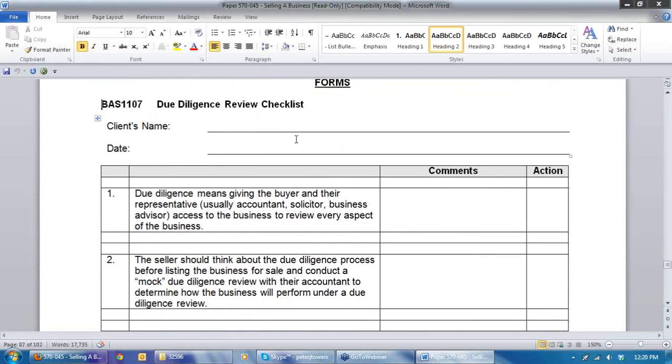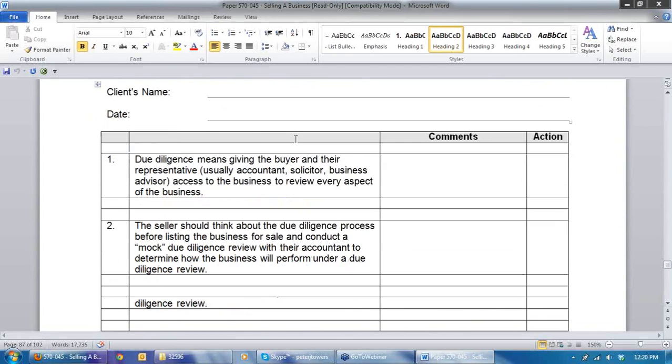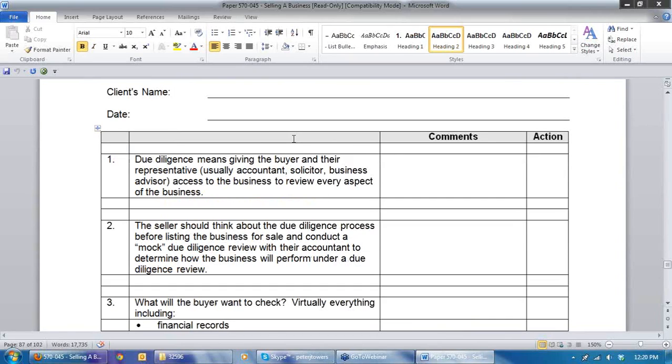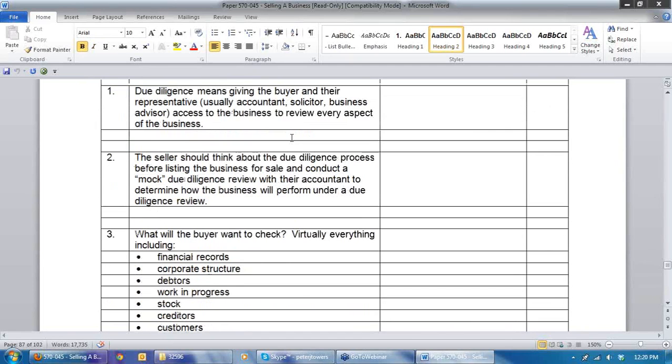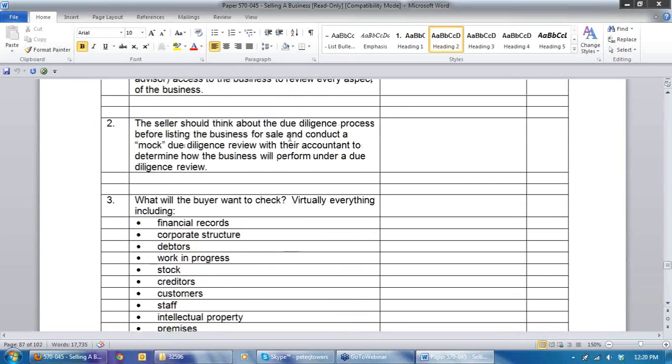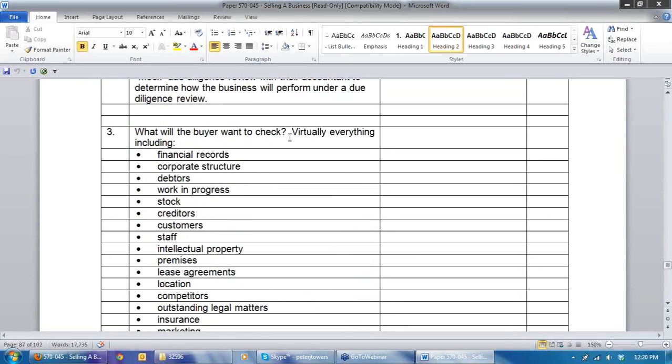We have a due diligence review checklist, which is for sale of other than shares in a company. What are the sort of things that a purchasing entity through their accountant would want to check in the business? Now, you know that very well, because put your hat on acting for a purchaser. What would you want to look at? I think we've listed them all here.